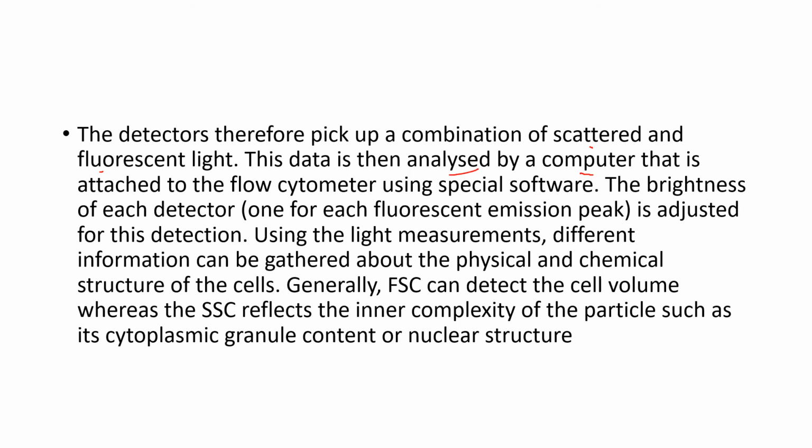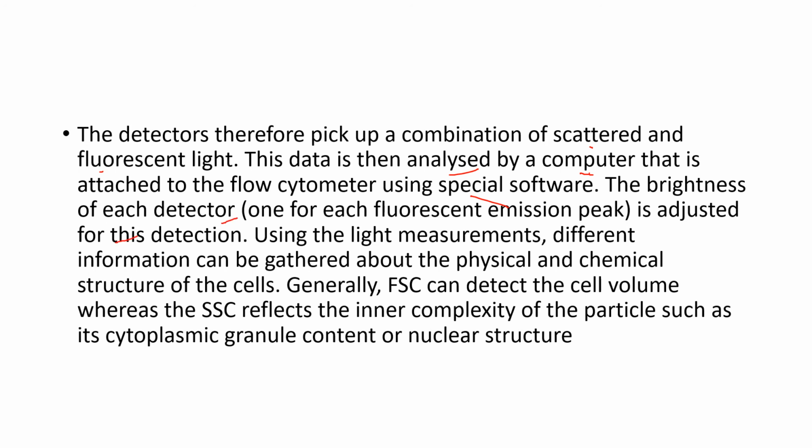An electronic system is used, and an amplifier will amplify the signals and convert the analog signal into a digital signal that is recorded on the computer attached to the flow cytometer. It is analyzed inside the computer using special software. The brightness of each detector is adjusted for detection.